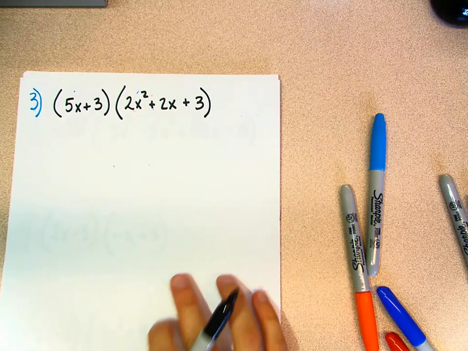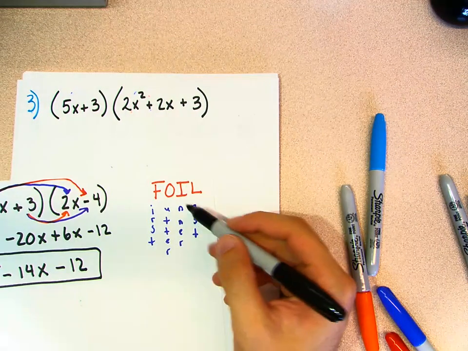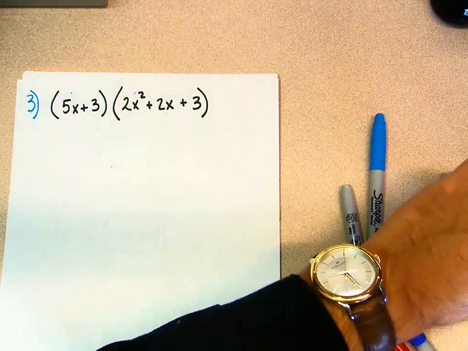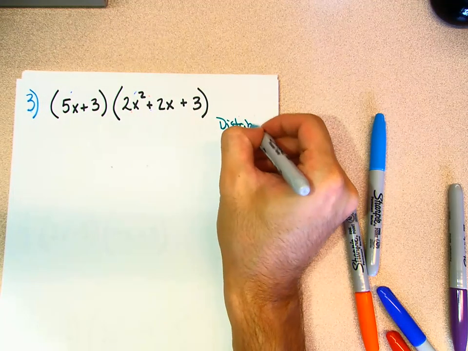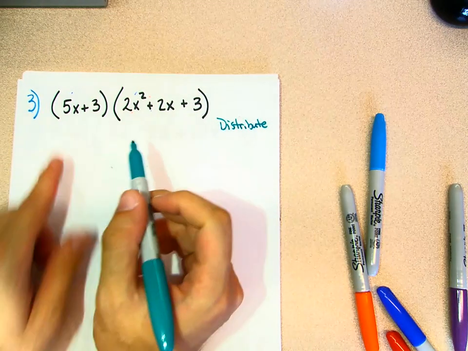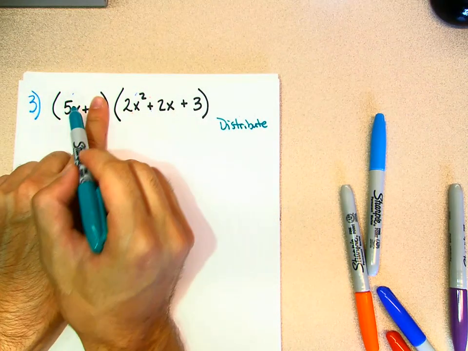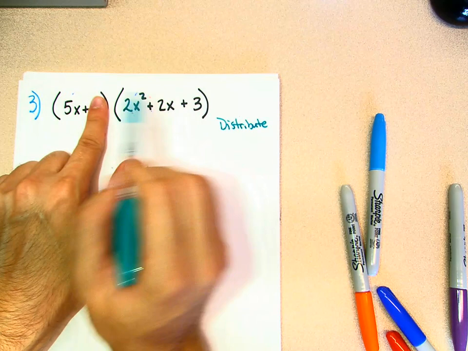Here, we need to distribute, okay? And watch the rhythm for this. So I'm going to show it with all the colors. You see, this 5x has to multiply to each one of them.